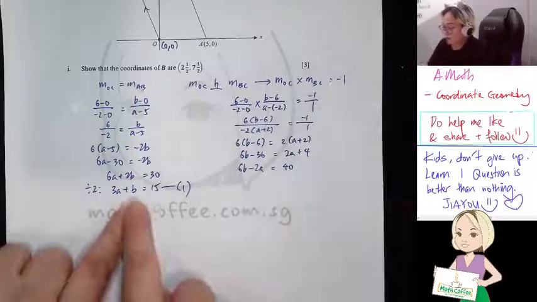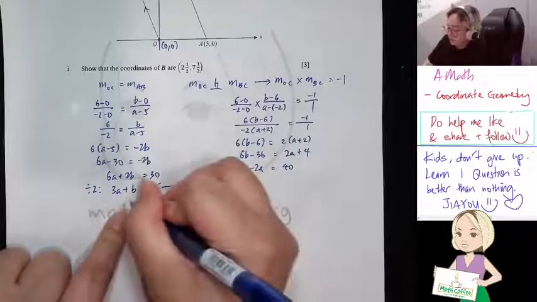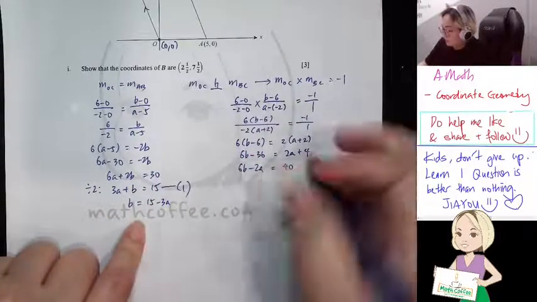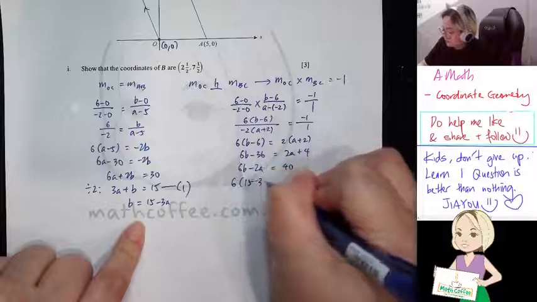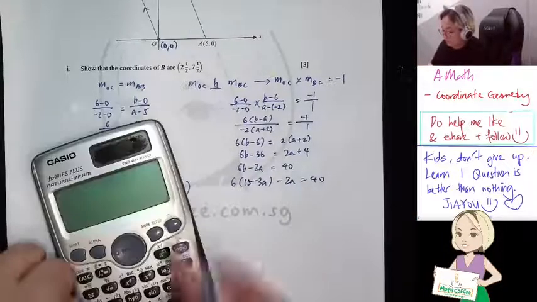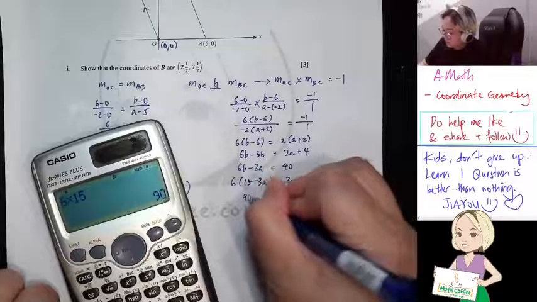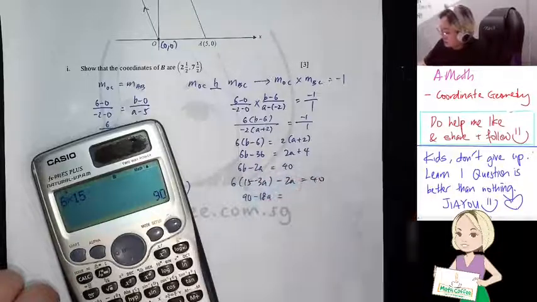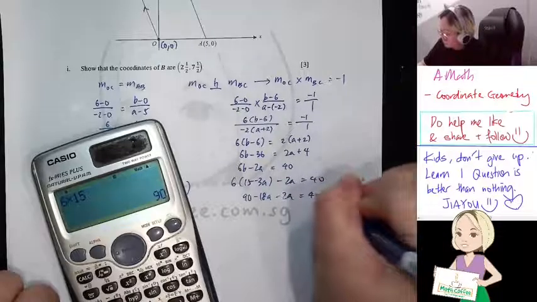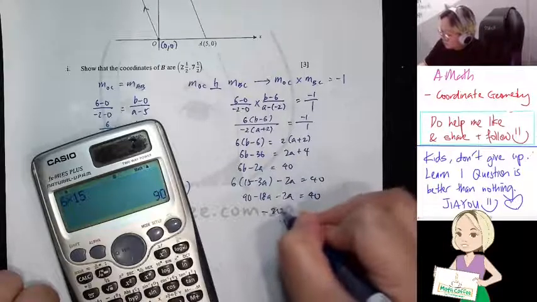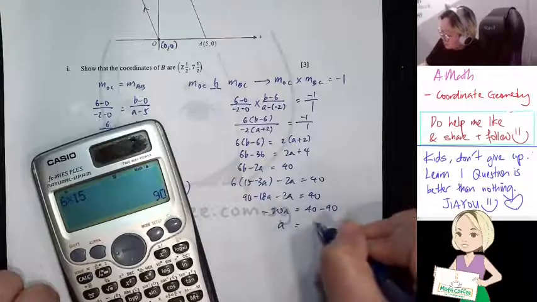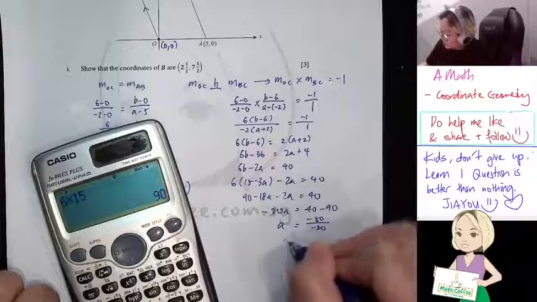I can actually from here, see here, make B the subject, right? So I just do B is equal to 15 minus 3A. So sub here, 6B minus 2A equals to 40. So 6 times 15, 90 minus 18A minus 2A equals to 40, minus 20A equals to 40 minus 90. So my A is equal to minus 50 divided by minus 20.